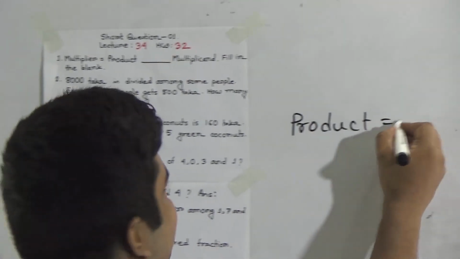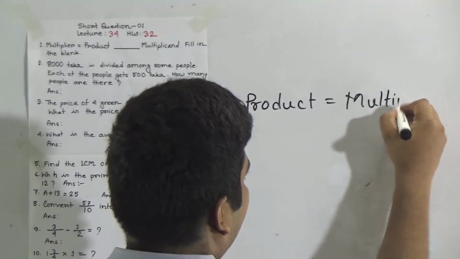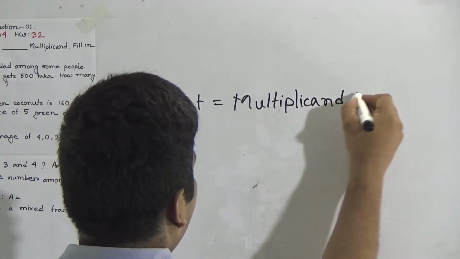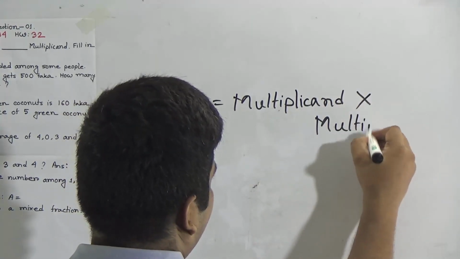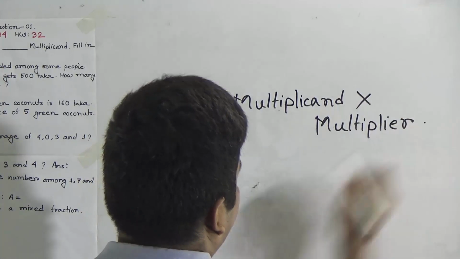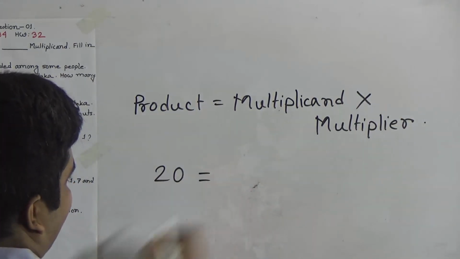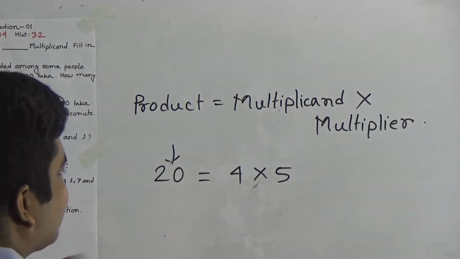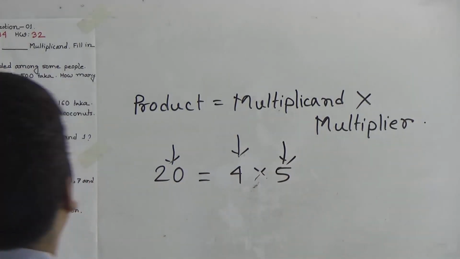Product means multiplicand multiplied by multiplier. Just like this is 20 and this is 4 multiply 5. This is product, this is multiplicand, and this is multiplier.